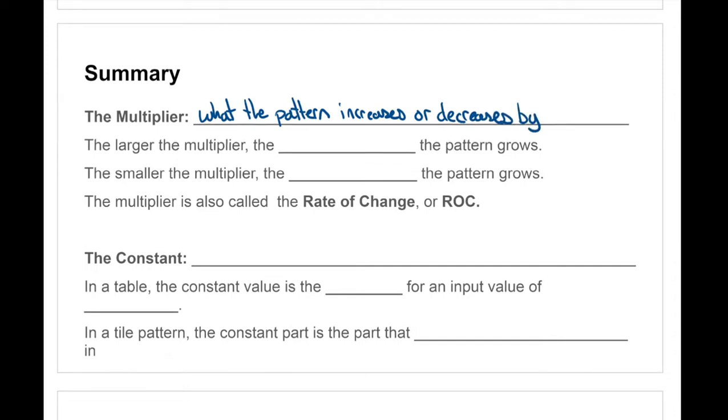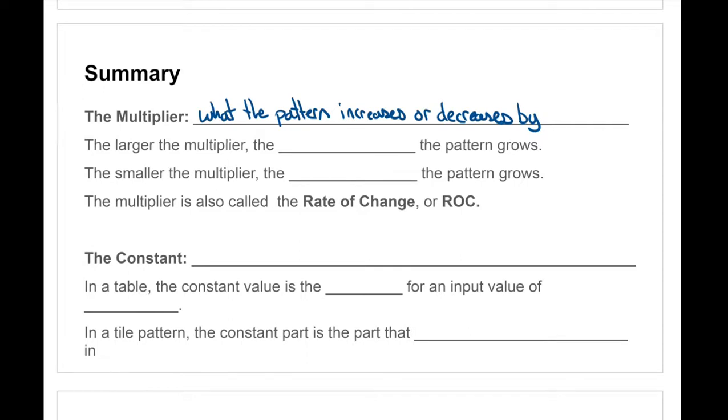So whatever the pattern is changing by, increasing or decreasing by, that's what we consider the multiplier. If you go back and look at the previous examples, when we drew the arrow from one pattern to another, that number that we were increasing by was the multiplier.